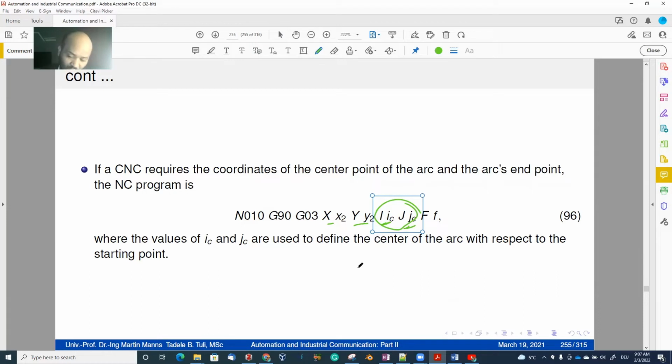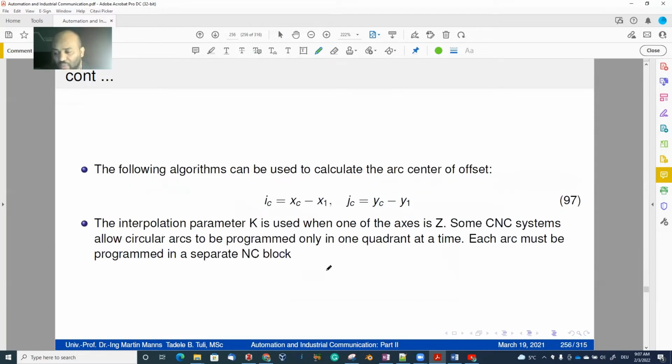Either you represent it by center or by radius. Both are possible. If you use the center with IJ, I is center x minus initial x, J is center y minus initial y.